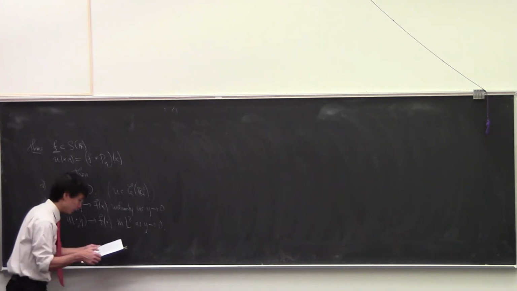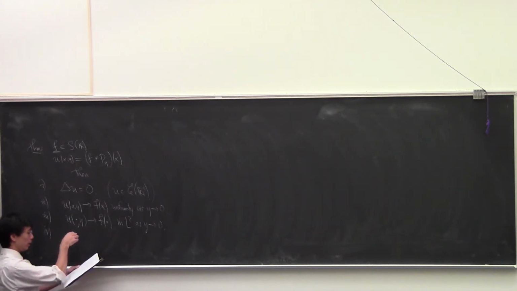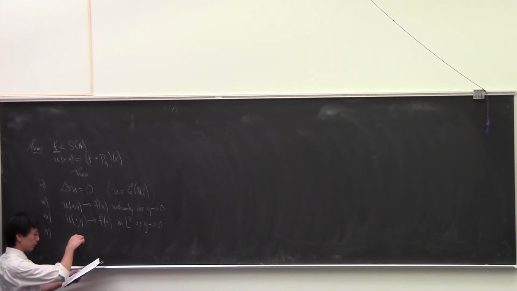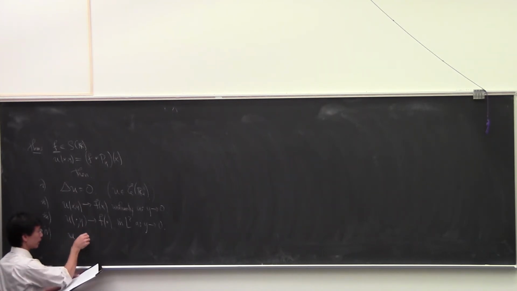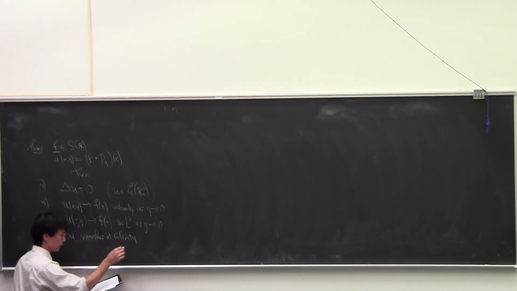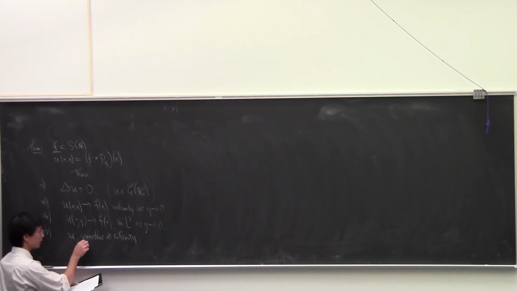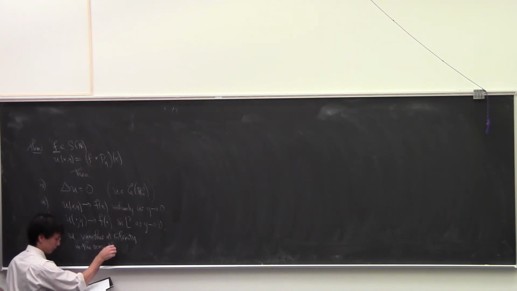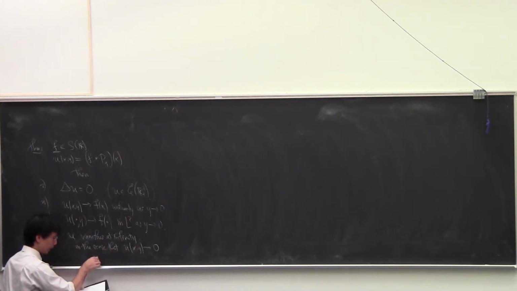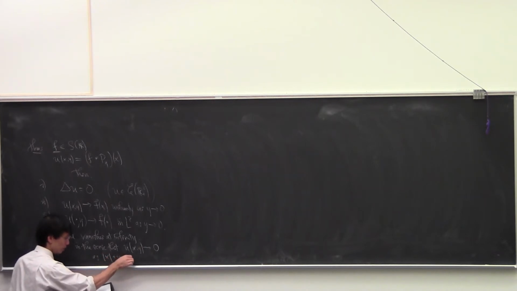The thing that's different is the following. u(x,y) actually vanishes at infinity, in the sense that u(x,y) goes to 0 as the absolute value of x plus y goes to infinity.